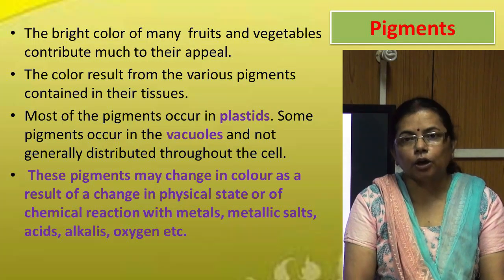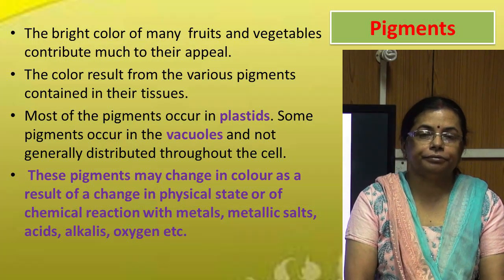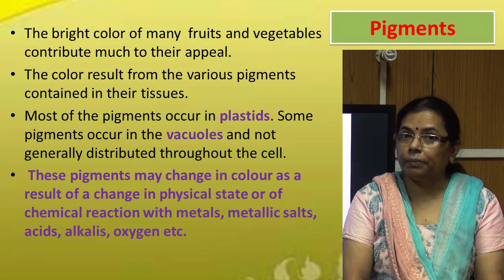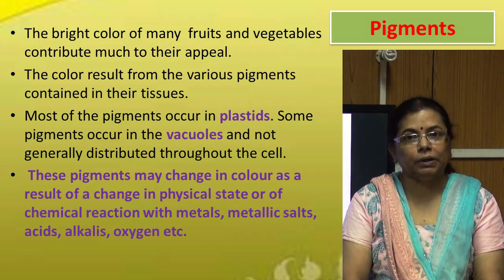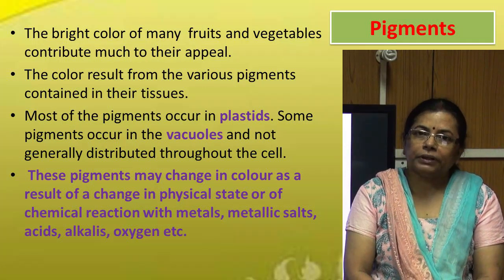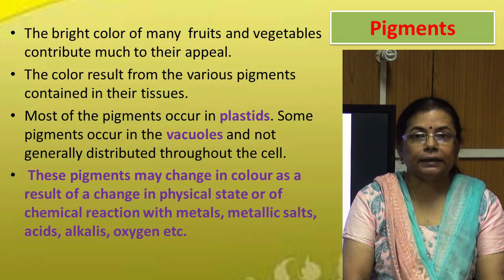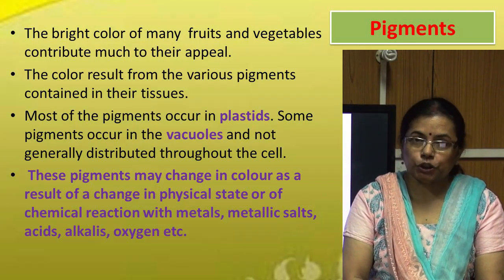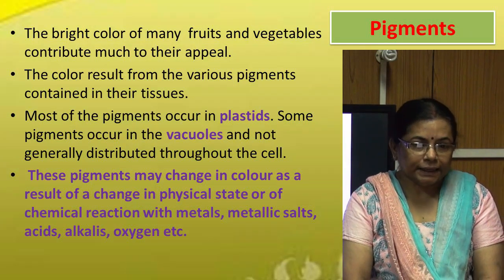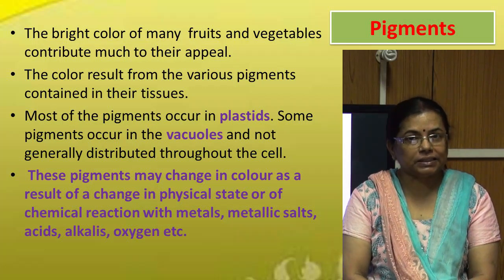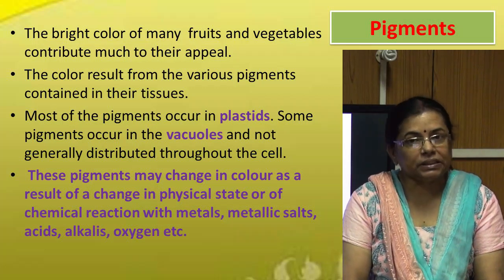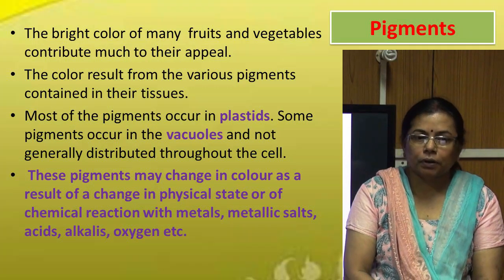Characteristic color of the food is due to the pigments present in plant and animal tissue. Fruit and vegetables are appealing due to their bright and diverse color, which is due to the pigments. These pigments are present in plastid. Some pigments may be present in the vacuoles.